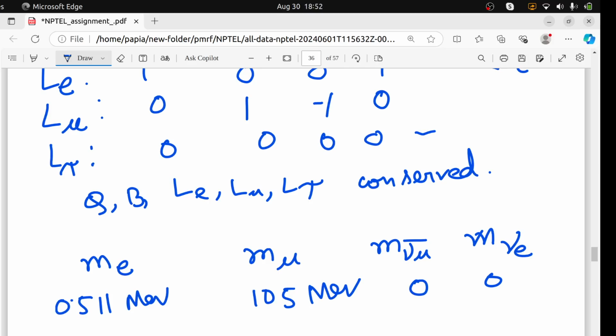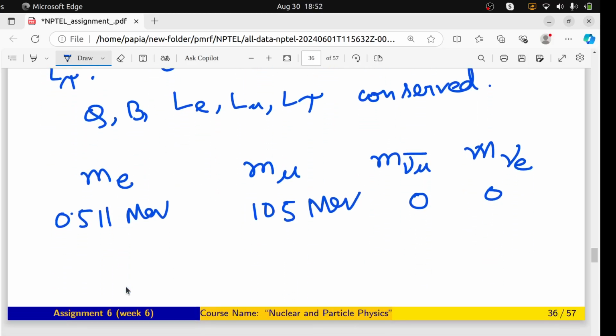Now someone can ask me, if I have a very energetic electron, that can be possible, because if the kinetic energy plus rest mass energy of the incoming particle is greater than or equal to the kinetic energy and rest mass of the outgoing particles, then the process is happening.